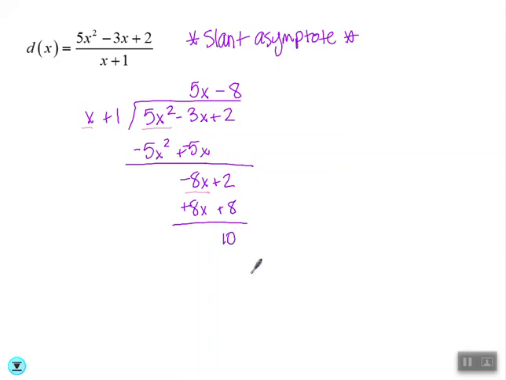So if I was just dividing these polynomials, 10 is my remainder. So if I'm just dividing, the answer would be 5x minus 8 plus 10 over x plus 1.